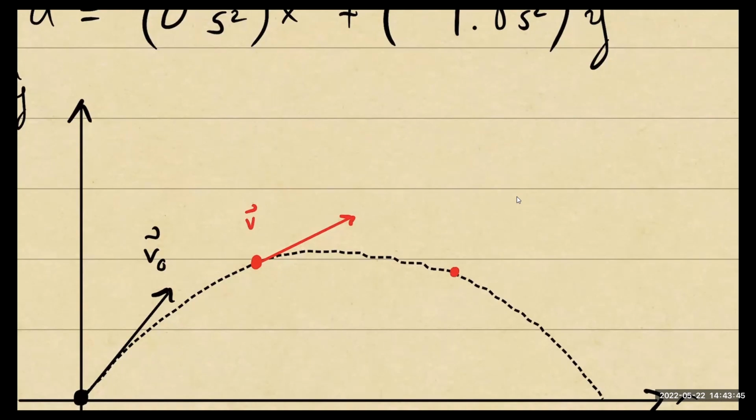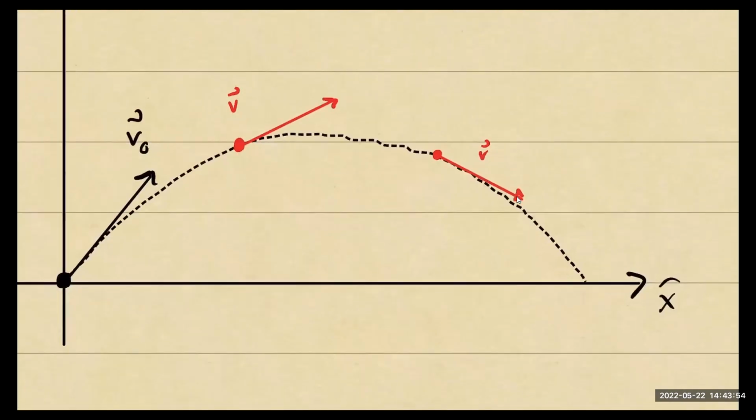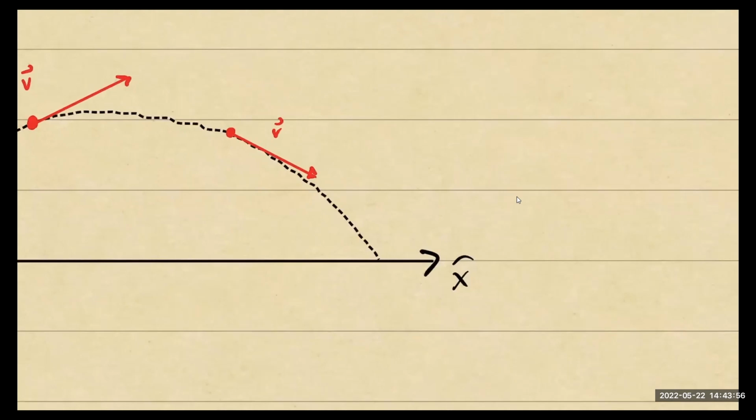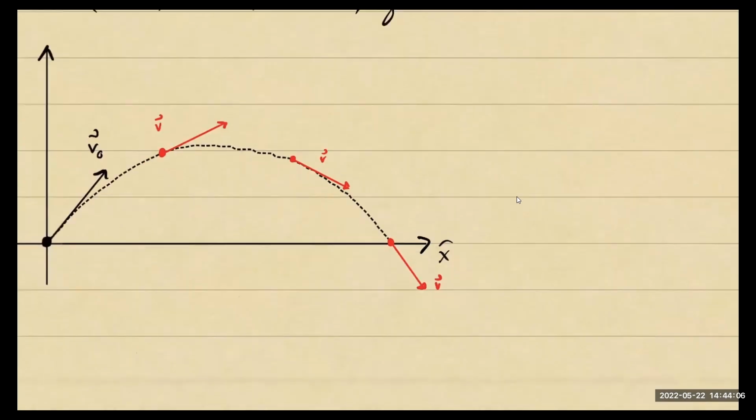So at this point, the velocity looks like this. This is v at a later time. And then towards the end, its velocity is still going to be tangential to its trajectory. So it's going to look something kind of like this.